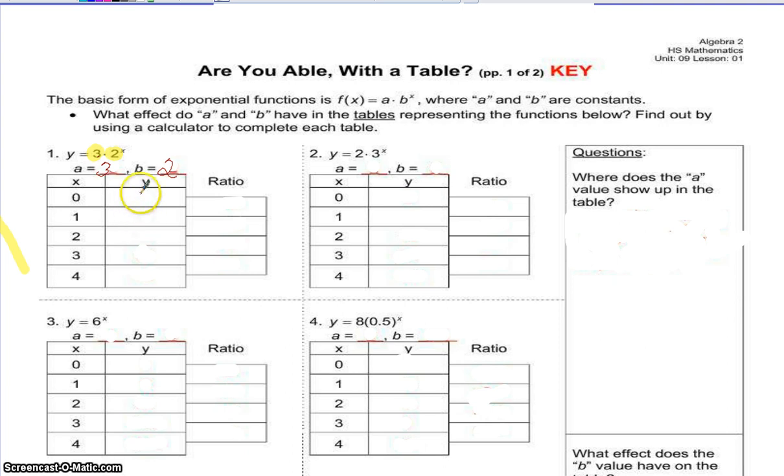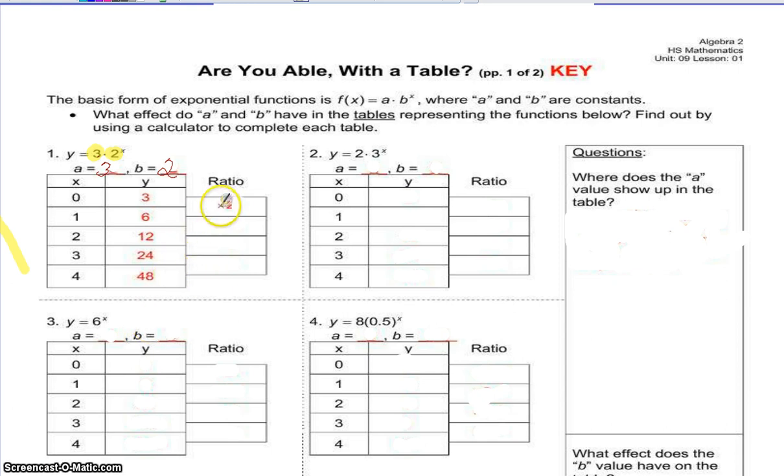So the numbers that I get are, and don't forget that during this video, if you just need to pause and write these numbers down, you go ahead and do that. So I'm going to get 3, 6, 12, 24, and 48. So now I want to look at ratio. So ratio is talking about the change that's occurring with each value of y.